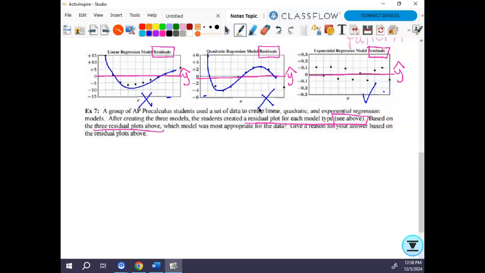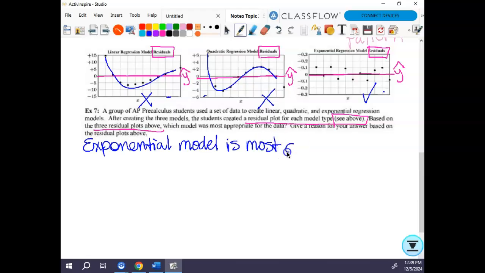And so how do we give it, based on the residual, which model? Okay, so we can say the exponential model is most appropriate. And notice we are not saying that it is absolutely 100% the exponential model.